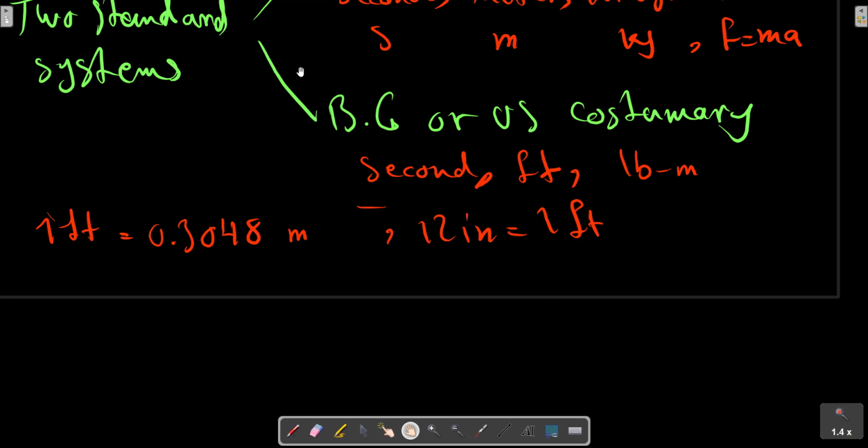And 1 newton is 1 kilogram meter per second squared.